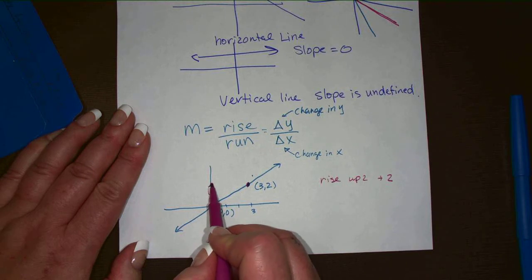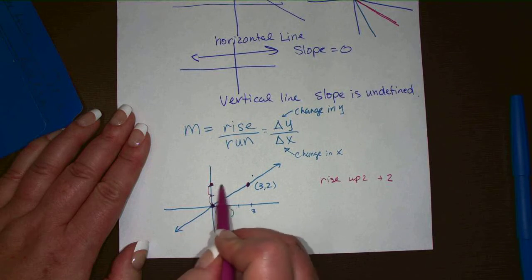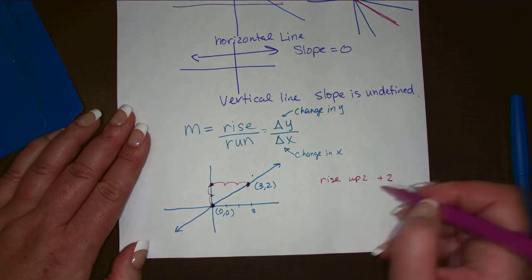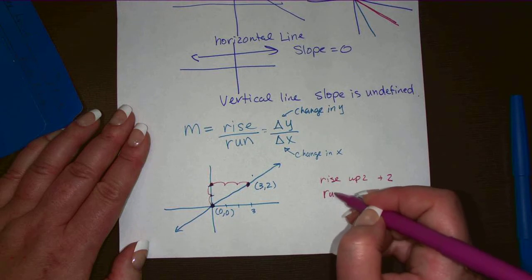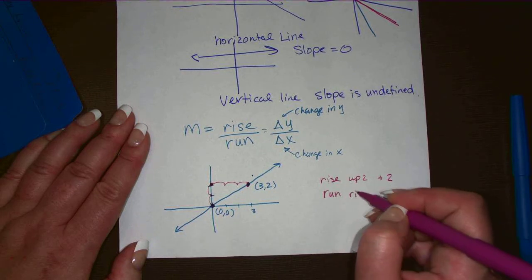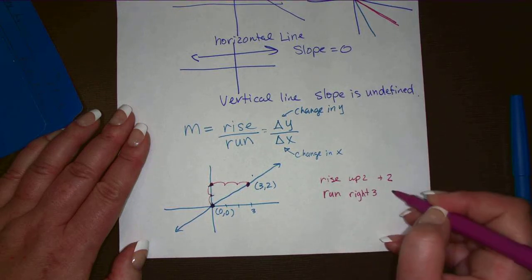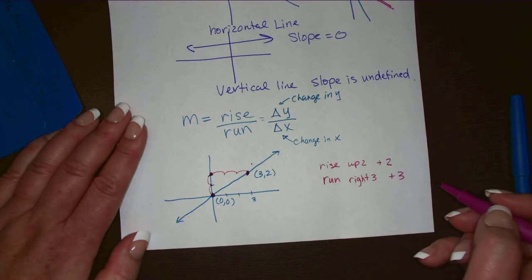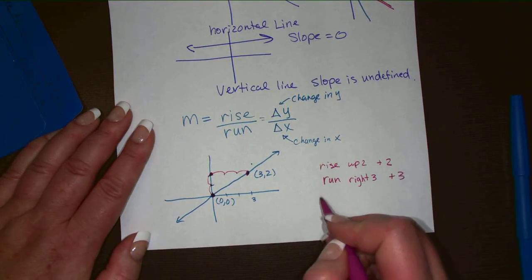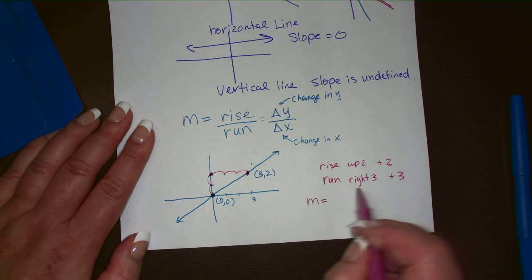We need to go 1, 2, 3 to the right, which is plus 3. So our slope, which we call m, is the rise 2 over 3, 2/3.